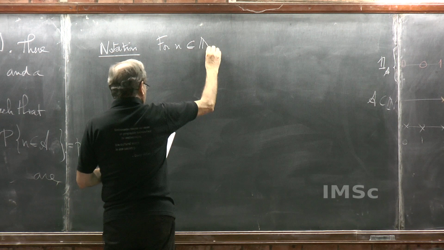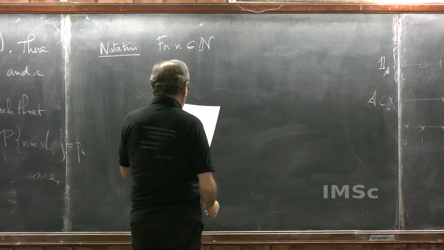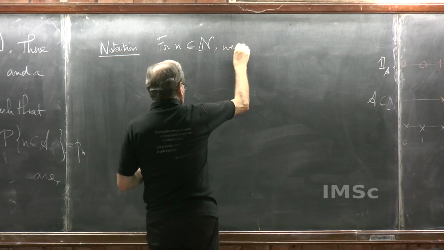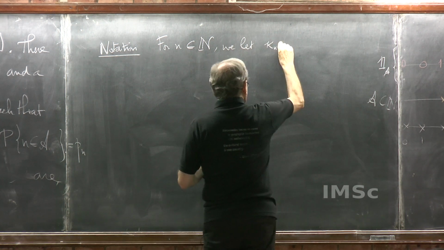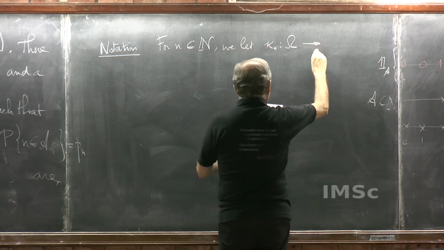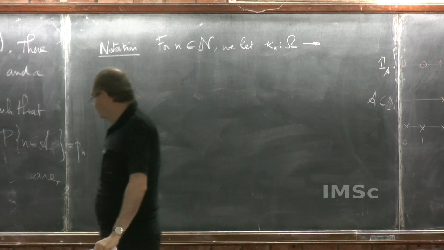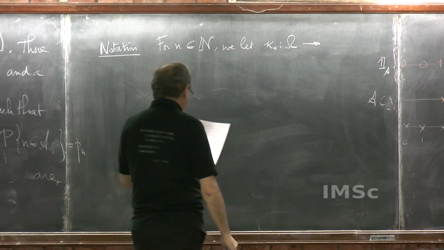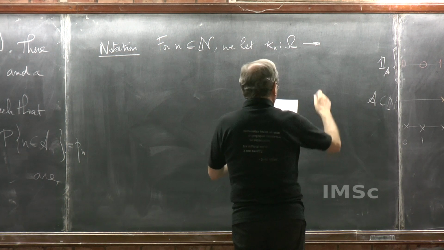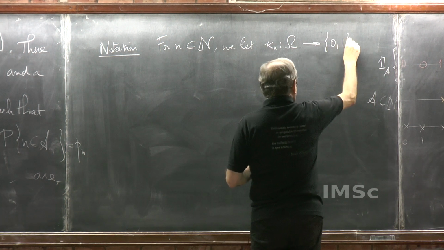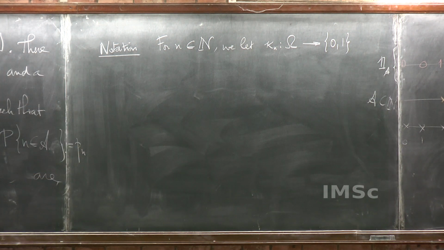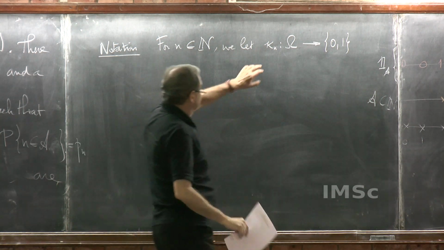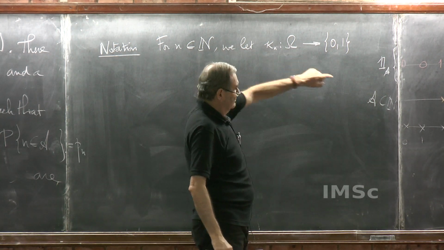for any n natural integer, we let a function kn, which is a function from omega to {0, 1}. This will be in some way the random variable that you have.